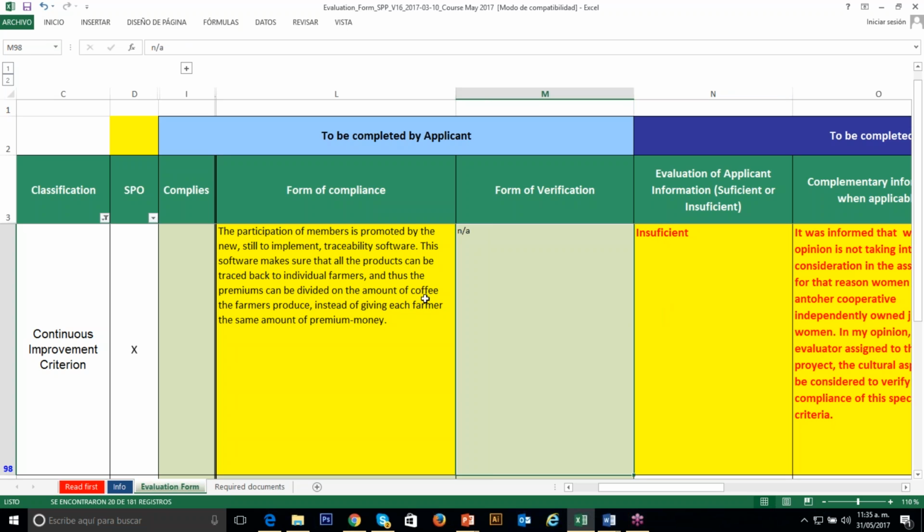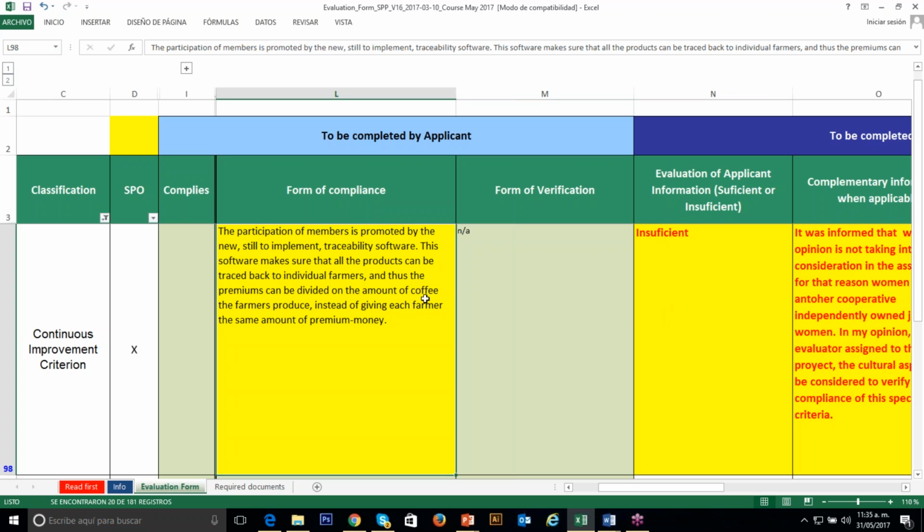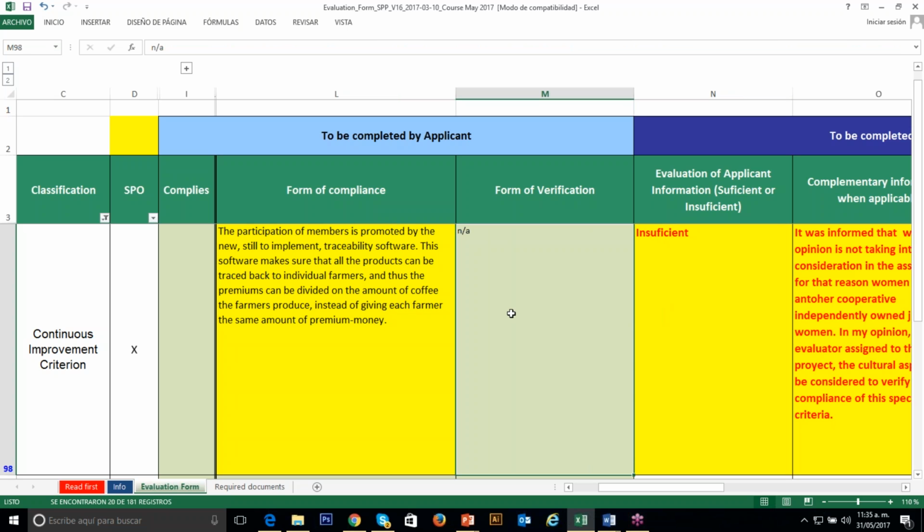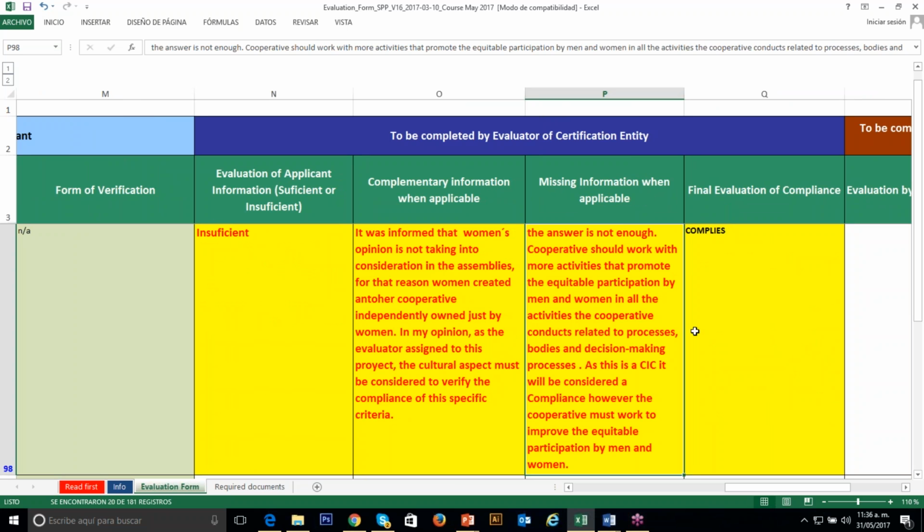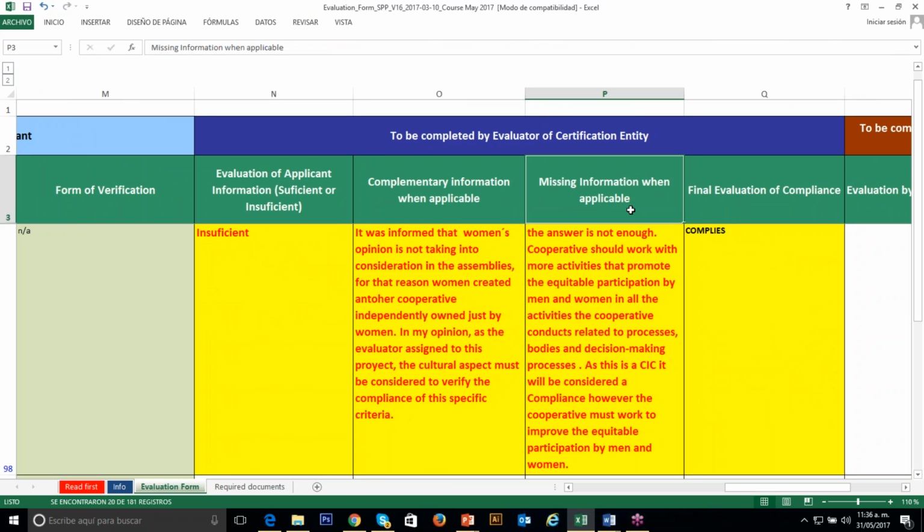You are asking if you as evaluator can make suggestions for the next evaluations? Maybe gender equality seminars or workshops conducted by small producers. Of course. And this information must be written in this column, Missing information.